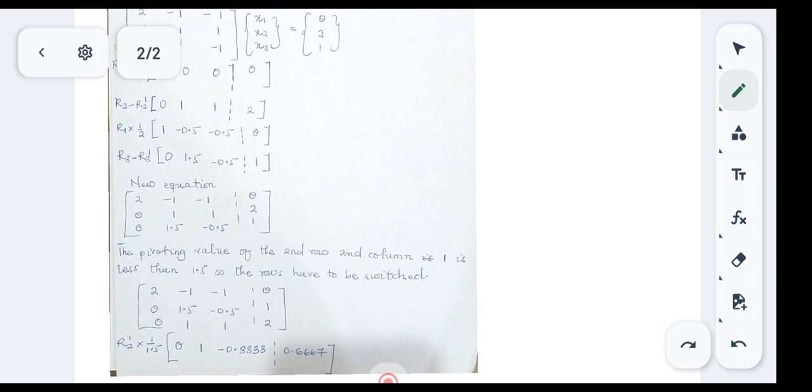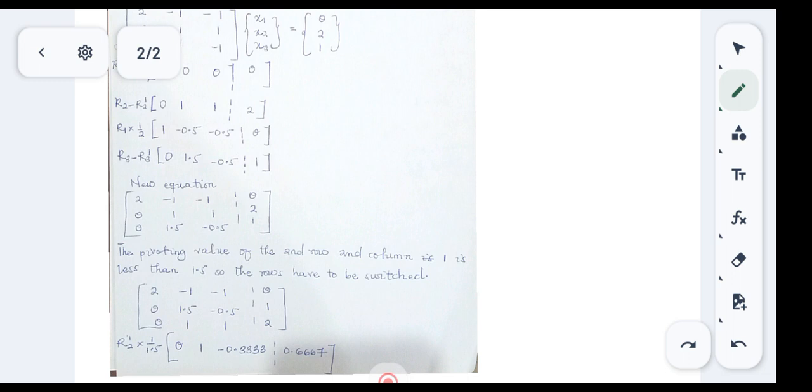I'm sorry, I'm talking about this one. This is the new equation. So you realize that the absolute value of 1.5 is greater than 1. So you have to switch rows, and I have told you that the pivot element has to be greater than the ones below, right?